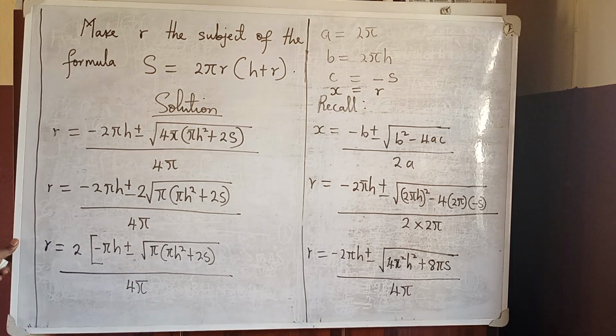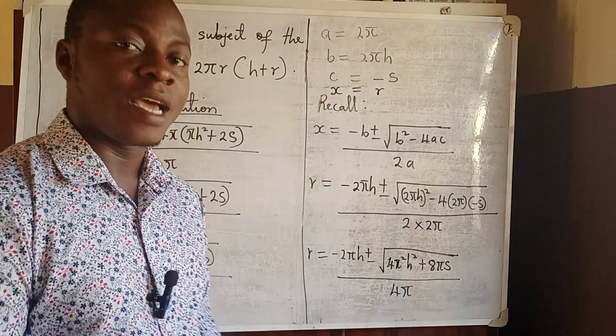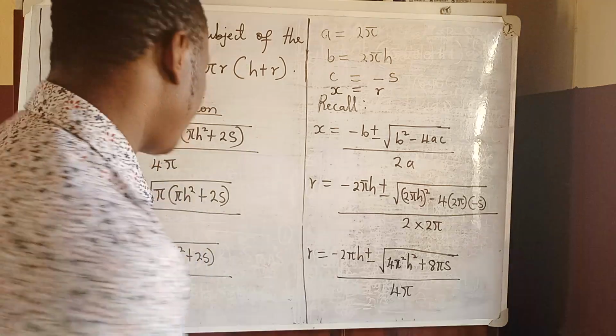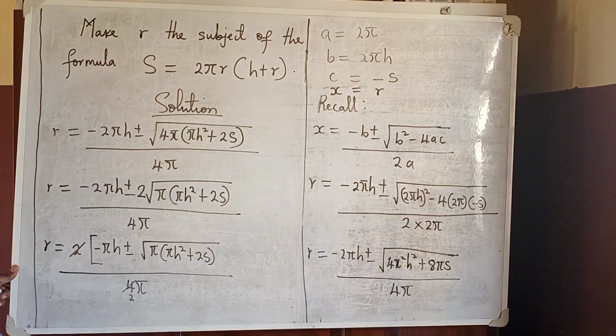Why am I doing that? I'm trying to see how I can reduce this formula to the simplest possible form. So this can cancel this. You have 2.